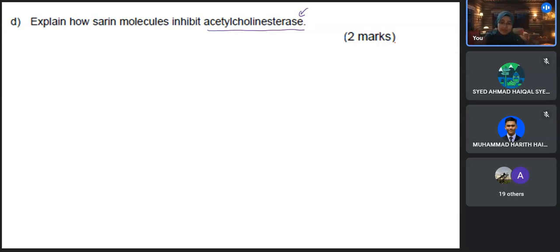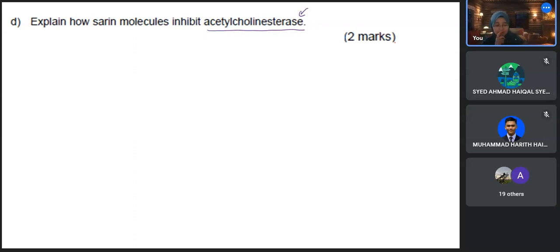The transmission of this impulse occurs when neurotransmitters such as acetylcholine bind to the dendrite of the postsynaptic neuron, to cause impulse to be transmitted. But you do not want this transmission of impulse to occur continuously without stopping. So in order to stop the transmission of the impulse, you need to remove the neurotransmitter, acetylcholine, which is carried out by acetylcholinesterase, the enzyme that removes the acetylcholine and stops the transmission of impulse.